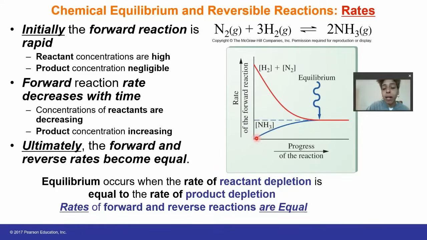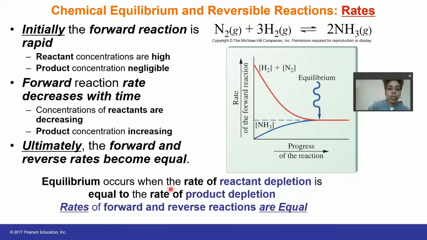Initially, we have no product, and the rise in product occurs quickly to a degree, and then we get to a point where the rate of forming product and the rate of forming reactant become equal. How fast I get rid of reactant and how fast I form product becomes equal.